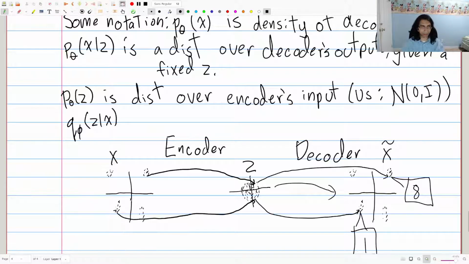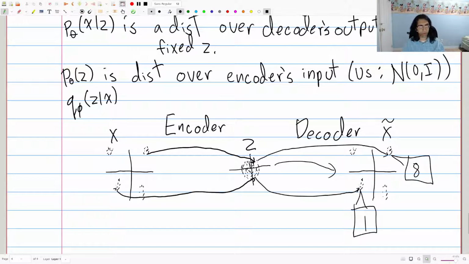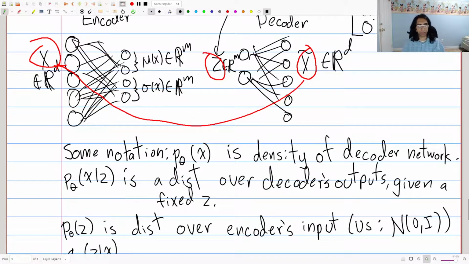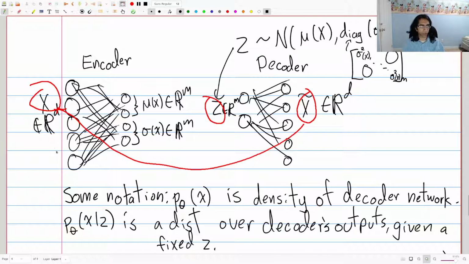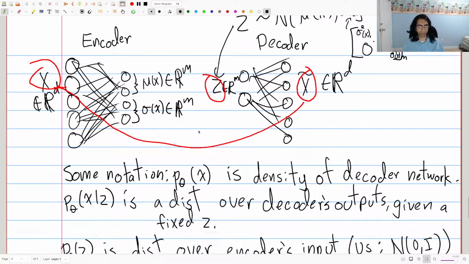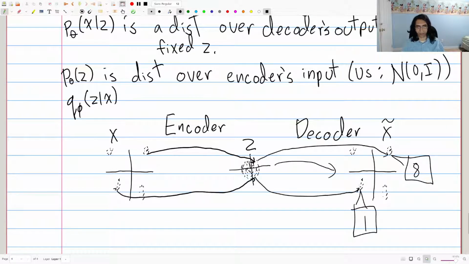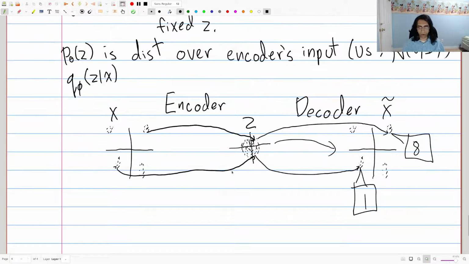And like what I was saying, we want to make sure that our encoder maps from whatever odd distribution we have to something that looks like a Gaussian, something nice like this. So those are our two essential things that we want to simultaneously do when dealing with a VAE.